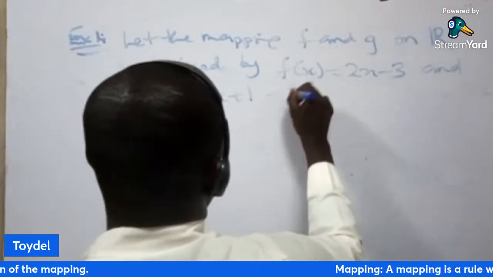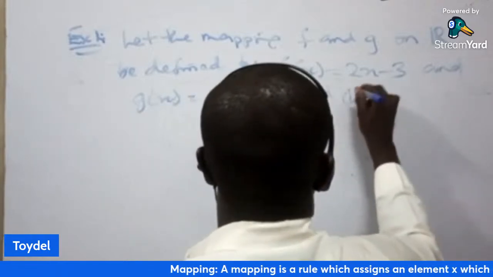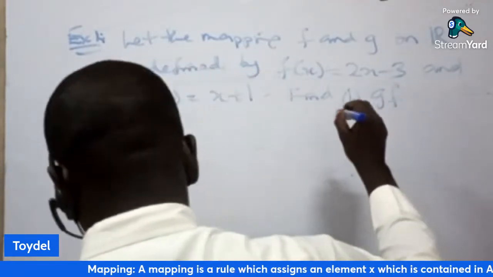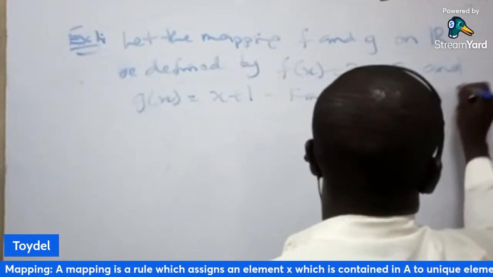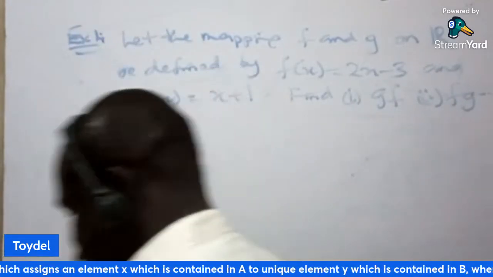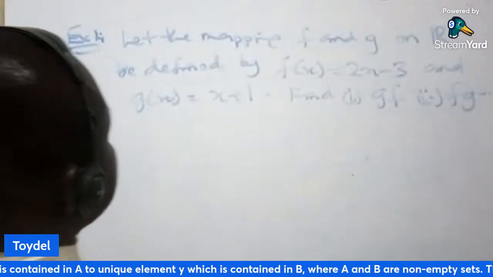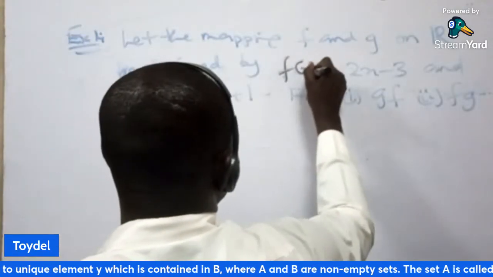So the question says, Roman figure 1, find GF. Then Roman figure 2, find FG. That is G of F and F of G. So that's what we want to find. Look at this question now. There are two functions or relations involved.